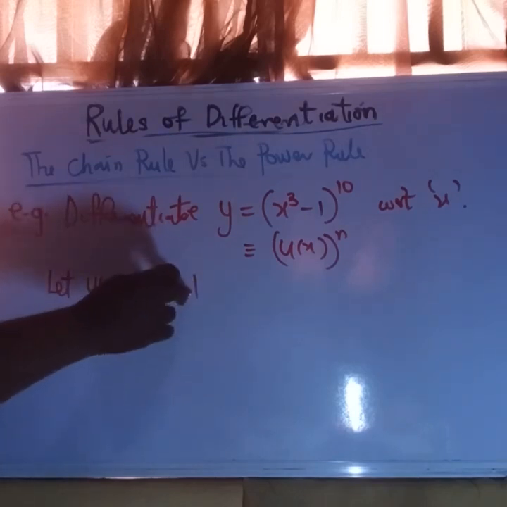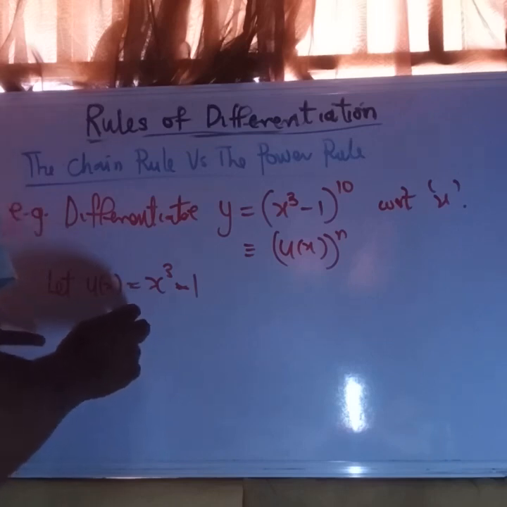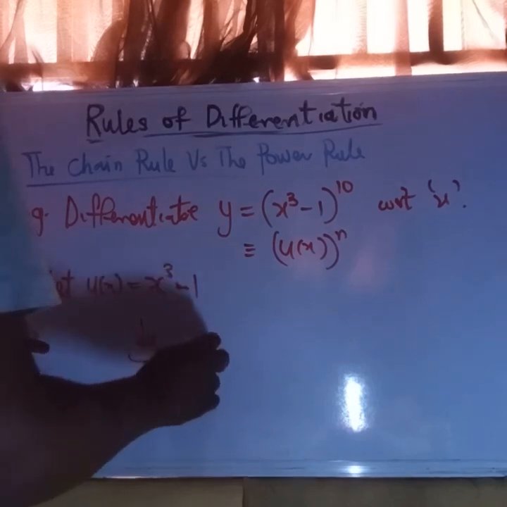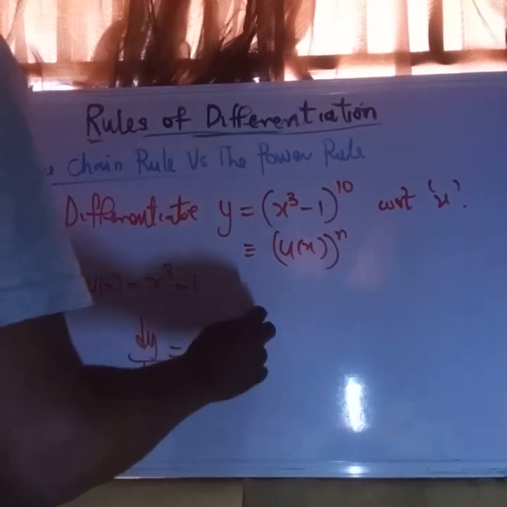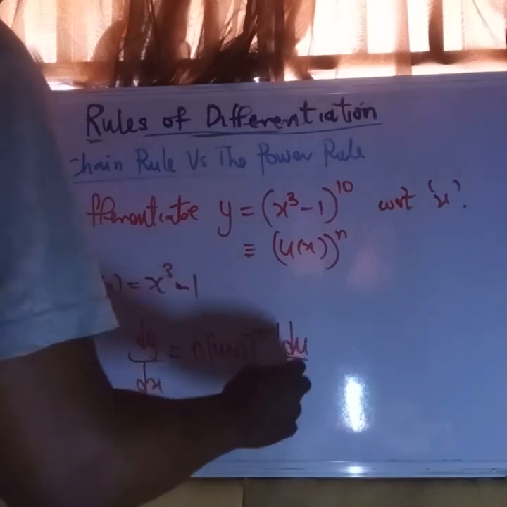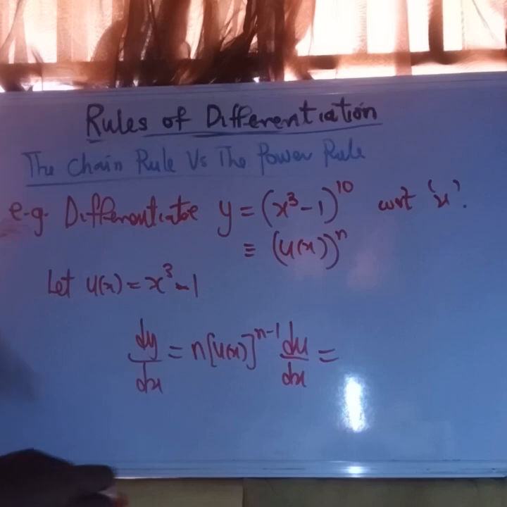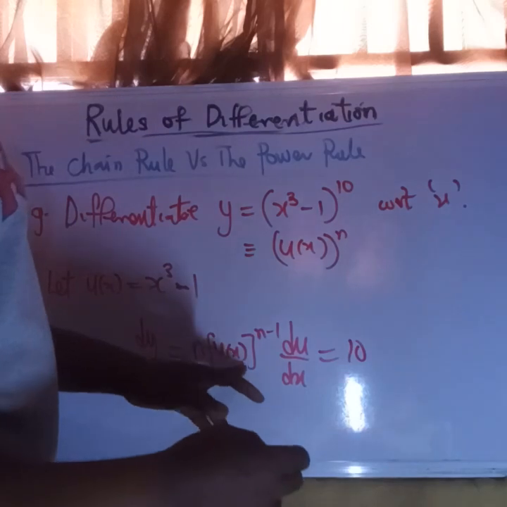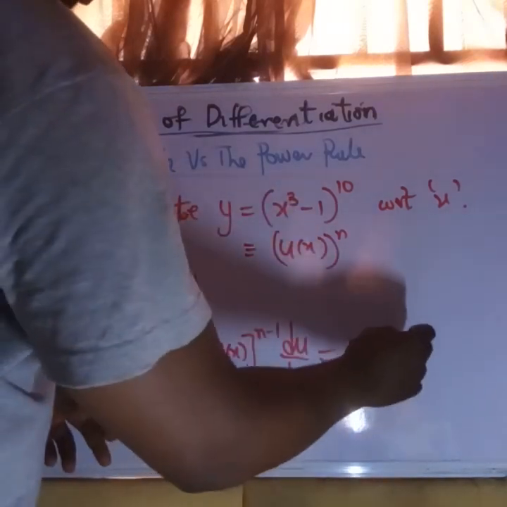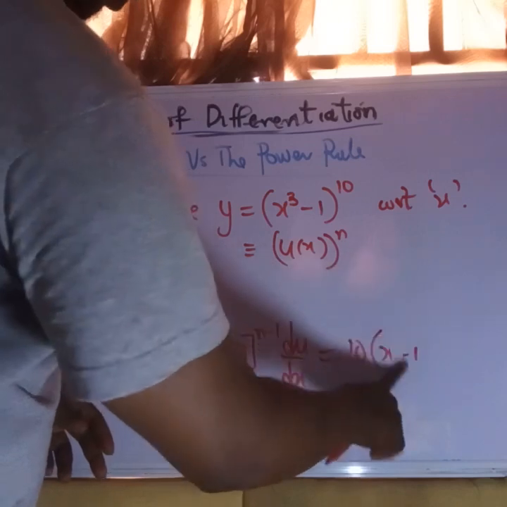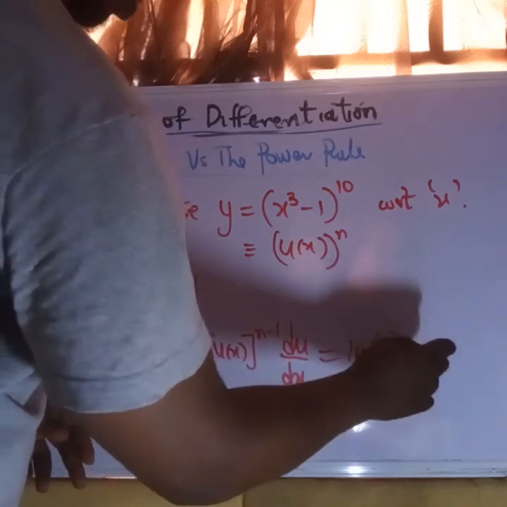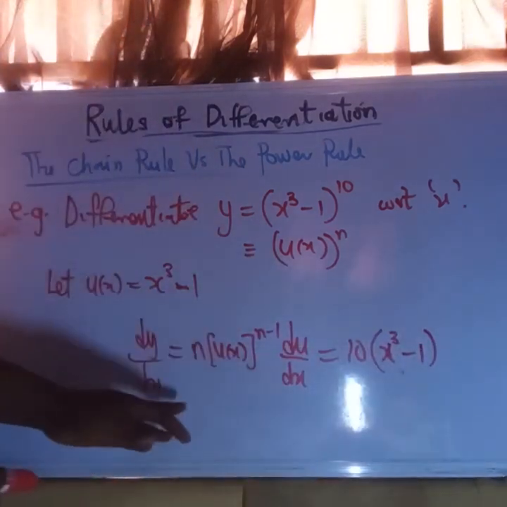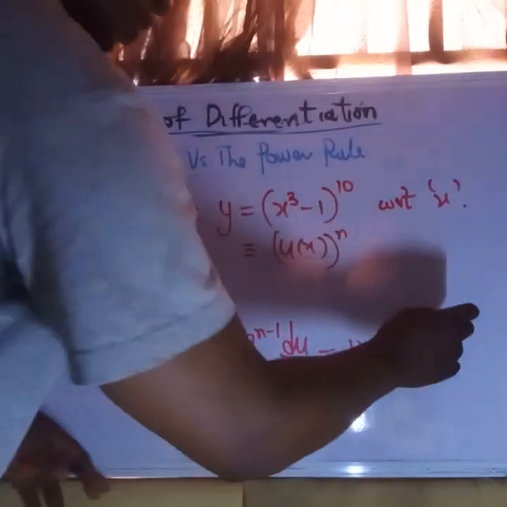For the power law, we have that dy/dx is n times u of x to the power of n minus 1, times du/dx. According to the power law, n here by comparison is 10. u of x remains x cubed minus 1, and we remove 1 from the power, so this is 9.